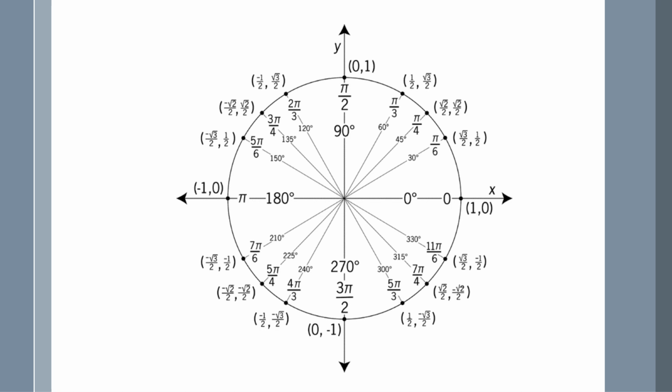And 0 and 360 has a radian measure of 2 pi, only because they start and end at the same position. Just keep in mind, when we're dealing with 2 pi, we always take it with 360 instead of 0.